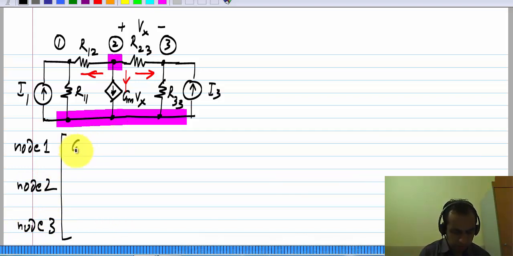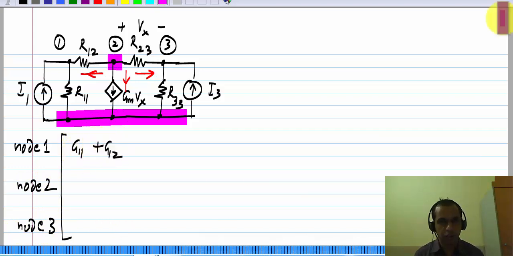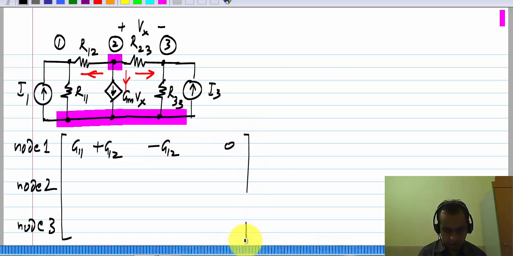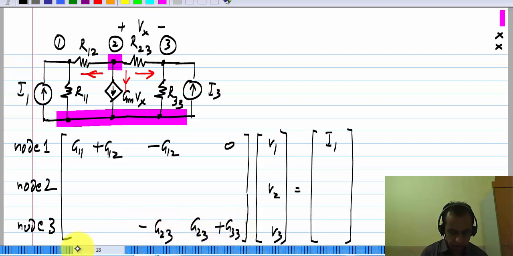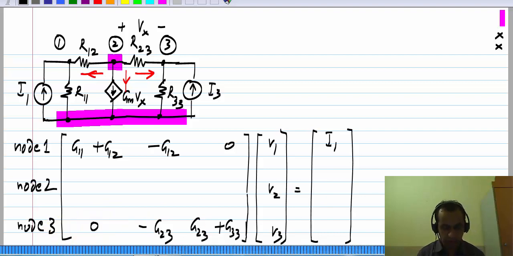So I'll have G11 plus G12 over there, minus G12 there, and 0 for the first row, and for node 3, G23 plus G33, the total conductance, minus G23 over there and 0 over there.